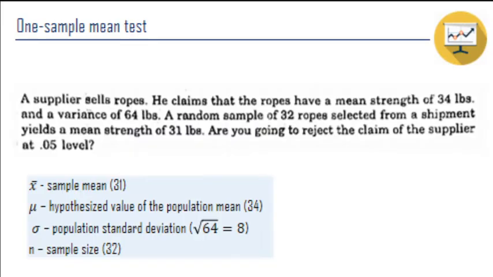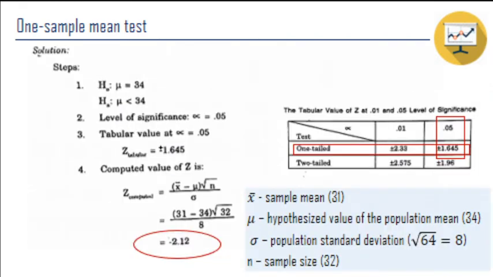Why 8? Because the given there is variance. We know that the square root of variance is standard deviation. So, square root of 64 is equal to 8. And the sample size is 32. Again, now we follow the steps in hypothesis testing. The null hypothesis is mu is equal to 34 and the alternative hypothesis is mu is less than 34.